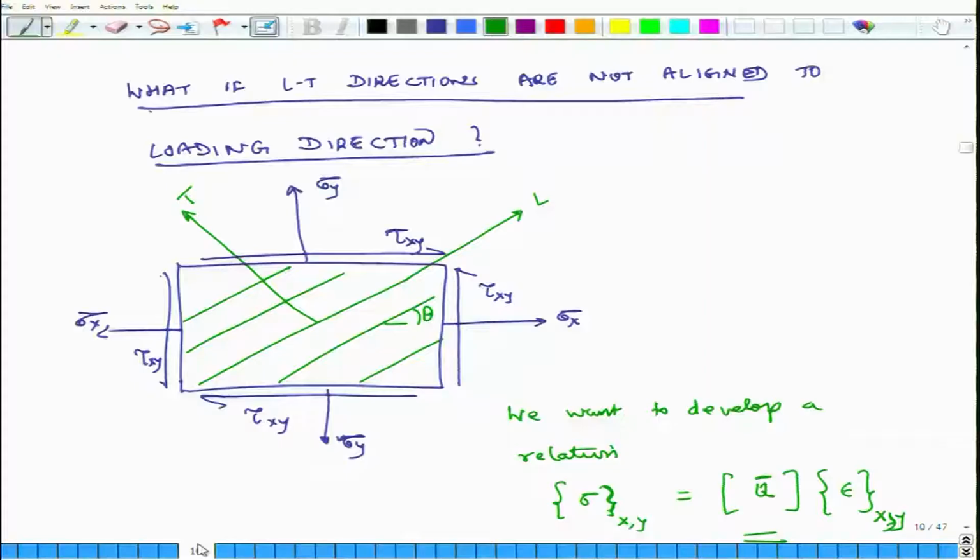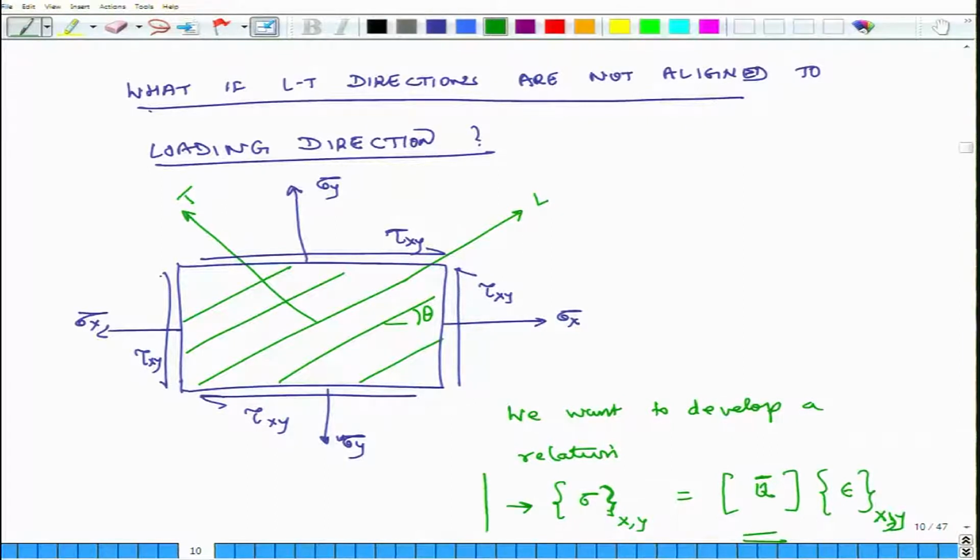And yesterday we had introduced a new topic: what kind of relationship exists between the stress vector, which is sigma x, sigma y and tau xy, and the strain vector referred to with respect to the x-y directions, and what is the nature of the Q bar matrix.